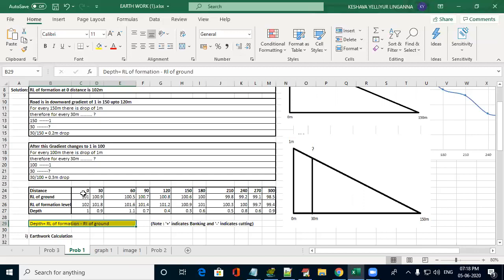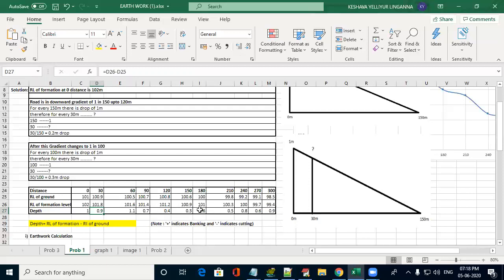This value minus this: 102 minus 101 will give you 1. 101.8 minus 100.9, this difference will give you a positive value. You can observe we got all the values as positive. This positive indicates only banking, that is nothing but filling.